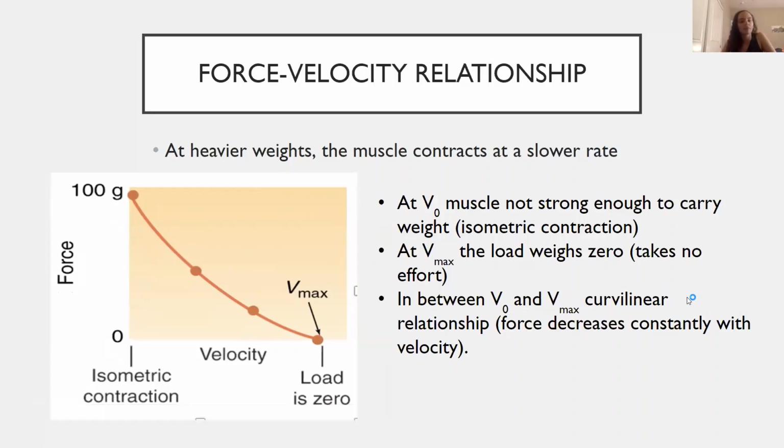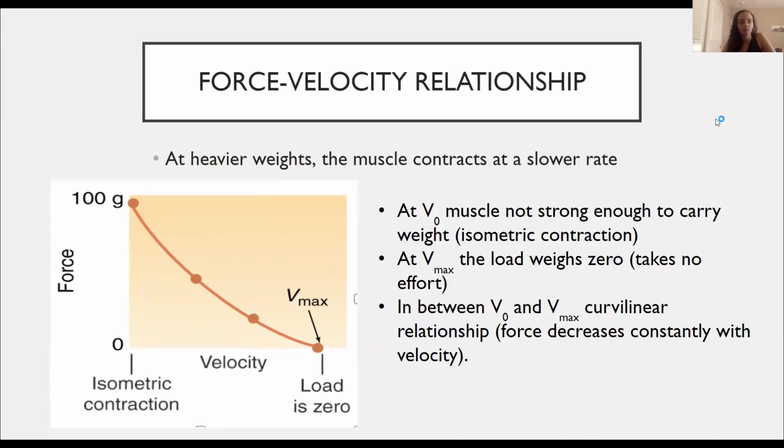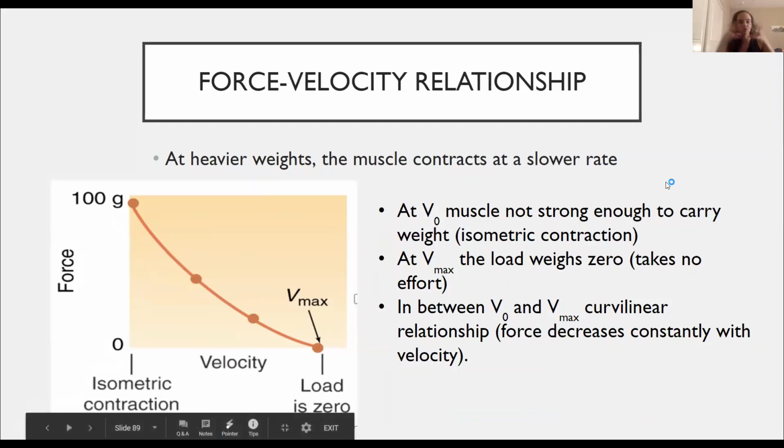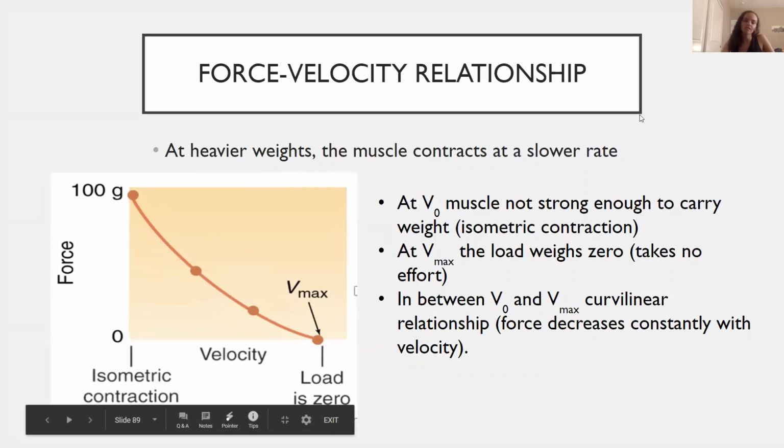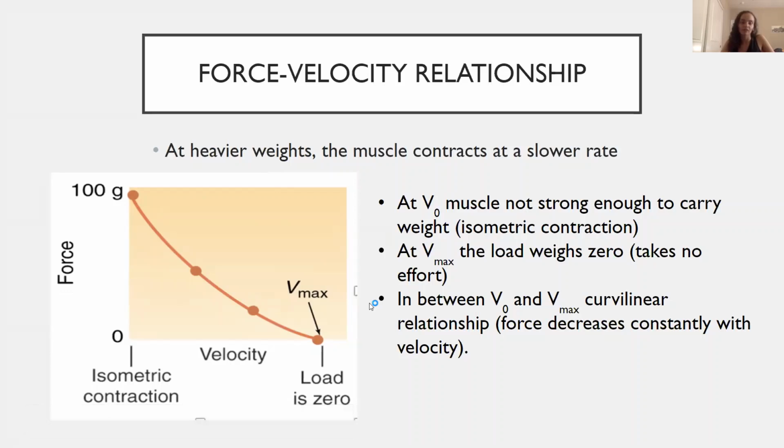So at maximum weight, which in this case is 100 grams, we see isometric contraction, which is basically when the muscle doesn't really stretch much because it's not able to handle the weight. Versus when the load is 0, we see no force being generated, and we're at Vmax, which is maximum velocity, because it takes very little to no effort to carry something that weighs 0 grams, right?